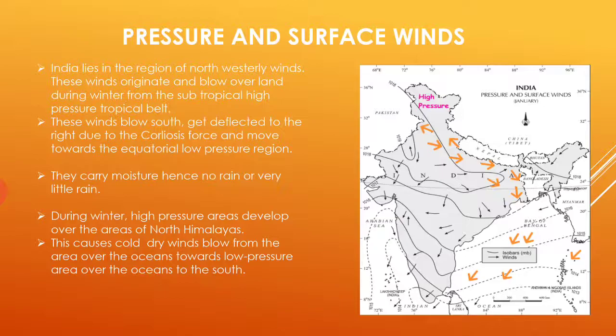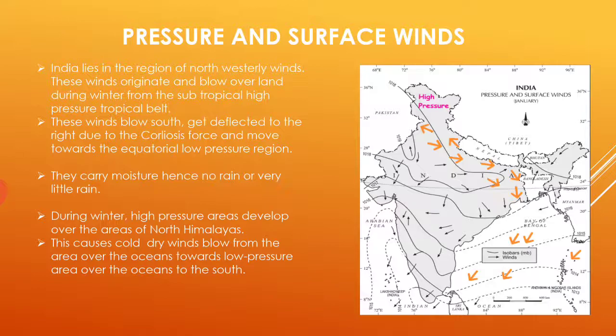India lies in the region of northeasterly winds which originate from the northern hemisphere and blow towards the south, but are deflected to the right due to Coriolis force. These winds carry little moisture, that's why they don't affect Indian rain, hence no rain or very little rain.